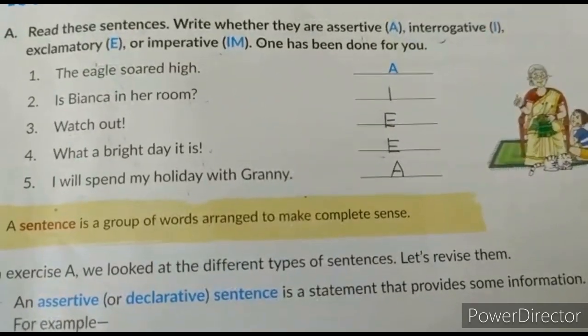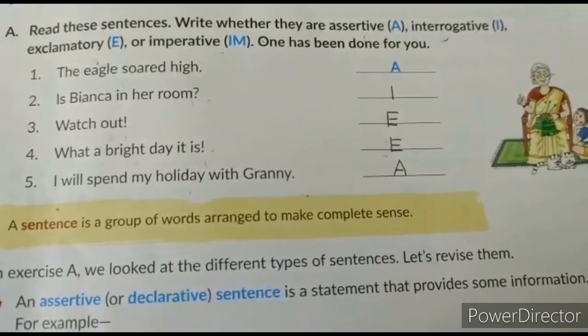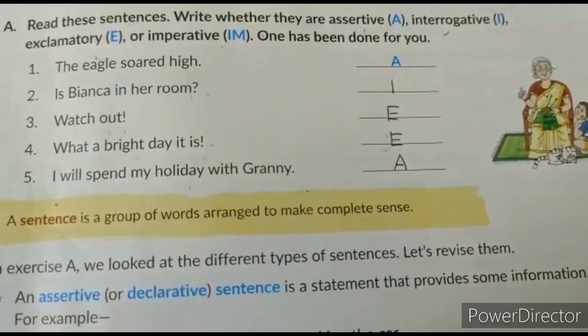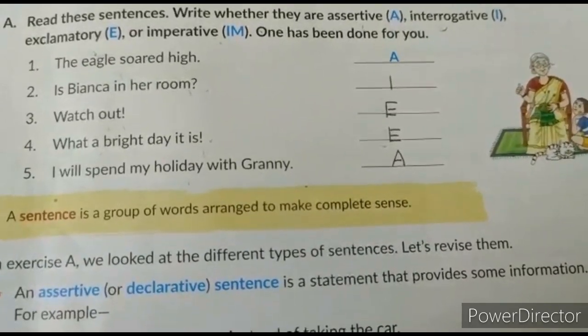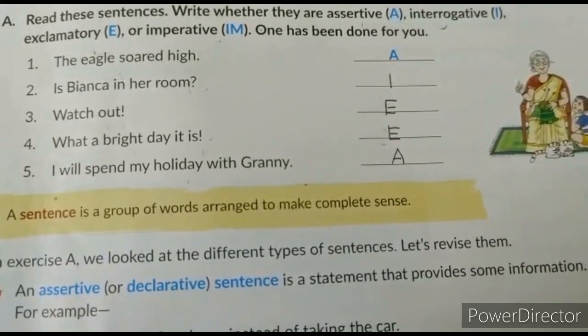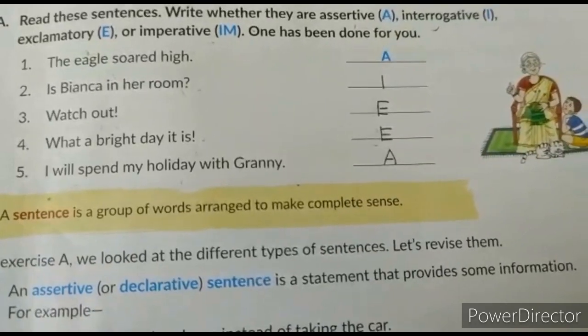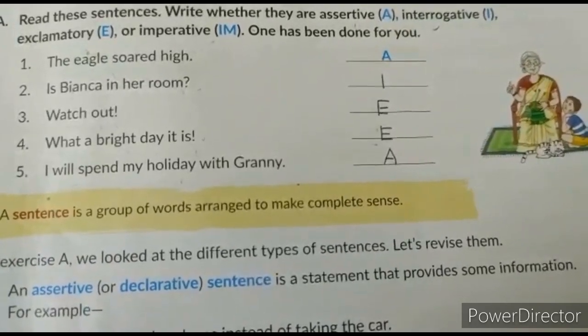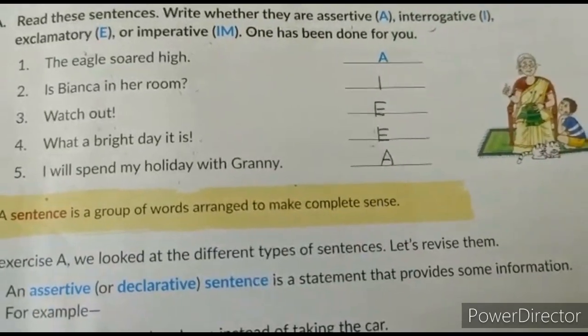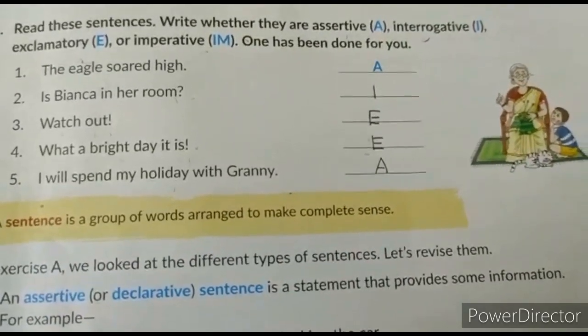So E. Number 4, what a bright day it is. Again it ends with an exclamation mark. So it is E. And the fifth one, I will spend my holiday with Granny. It is a simple statement which gives information. So it is assertive. We will write A.